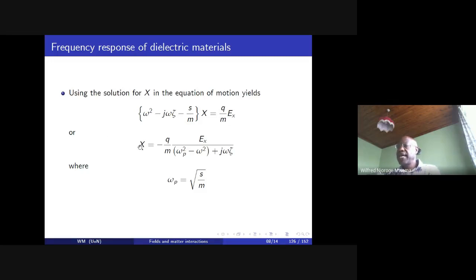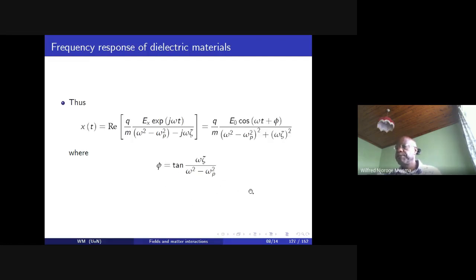So we can see that x is going to be given simply by minus q by m Ex over omega p squared minus omega squared plus j omega zeta, where omega p is simply the square root of s over m. This you can recall from Hooke's law when you are dealing with springs.